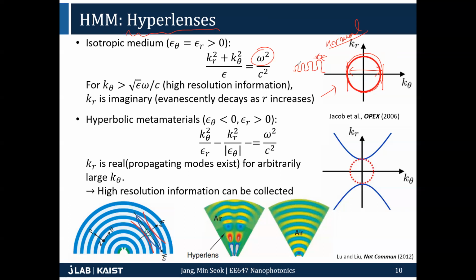So it's related to the diffraction limit. If you have a feature that is smaller than λ/2, think about doing a Fourier transform of this. If you want to do a Fourier transform of this, you need a high K component. It's necessary, right, in order to describe the situation. If your real space image has a high frequency or fine feature, you must have a large K vector in order to describe it.